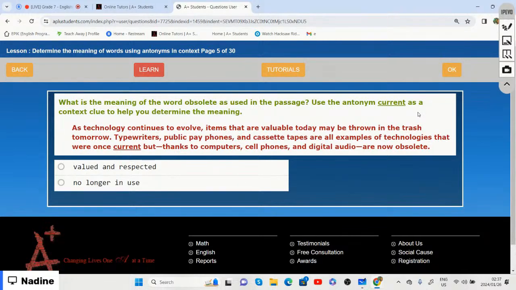And then what is the meaning of the word obsolete as used in the passage? So we're going to read the passage now. We need to use the antonym, which is current, as a context clue to help you determine the meaning.